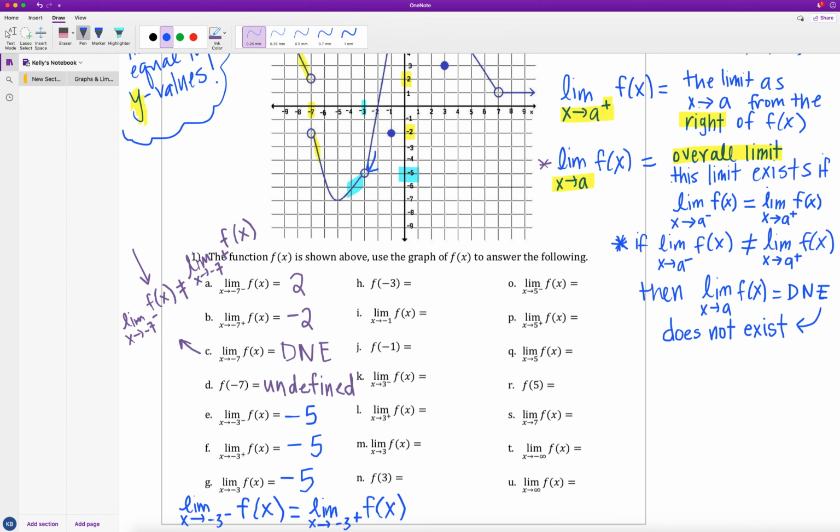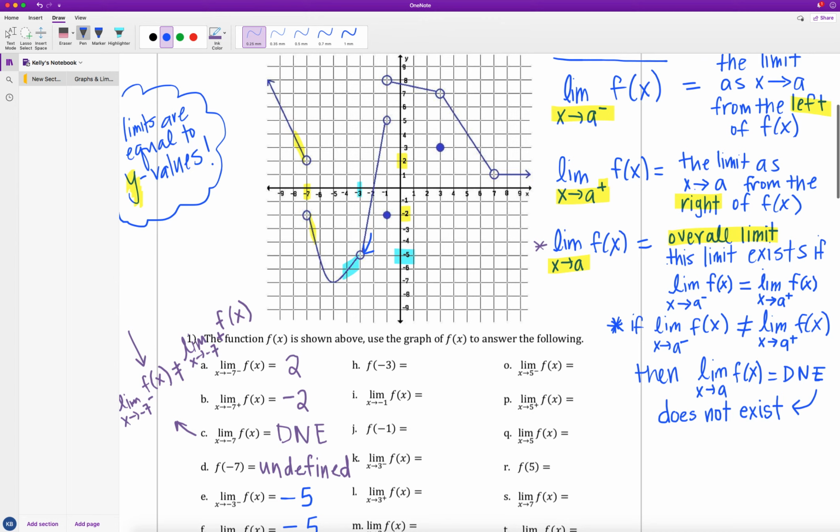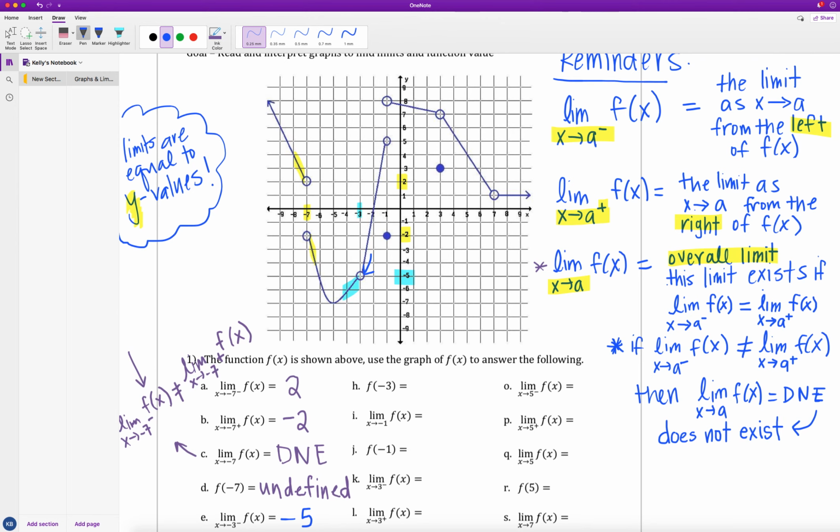Now part H kind of goes with the prior three parts. It's saying what is f of -3. So again, this is not asking us for a limit. Part H is asking us for a function value just like it did in part D. So in part H, what I'm looking for is where is the filled in circle on the graph, or is there one at all? So if I look at the graph at -3, there is no place where I have a filled in circle at all along the vertical line x equals -3.